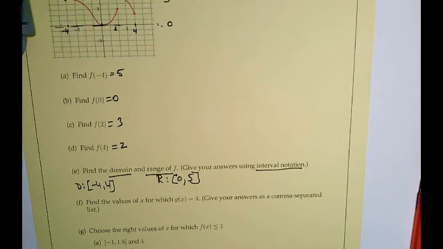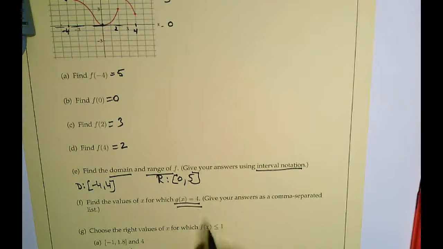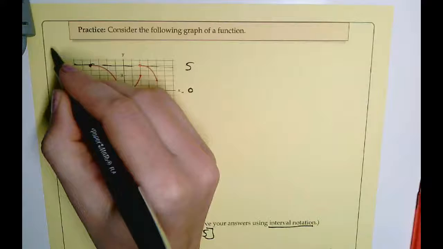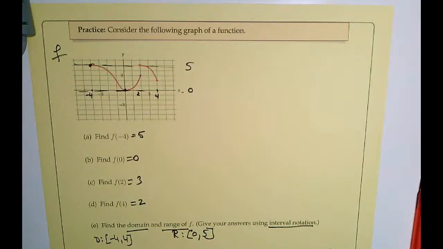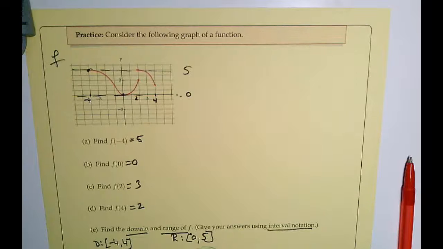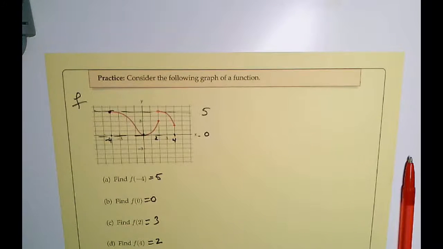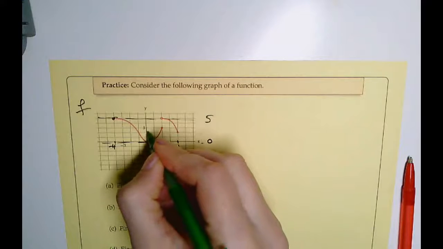To find the values for which f of x equals 4, this function is f. F of x equals 4, well, just draw a horizontal line that goes through the value 4, and where it intersects, that's where we're going to have that f of x is 4. So 1, 2, 3, 4.